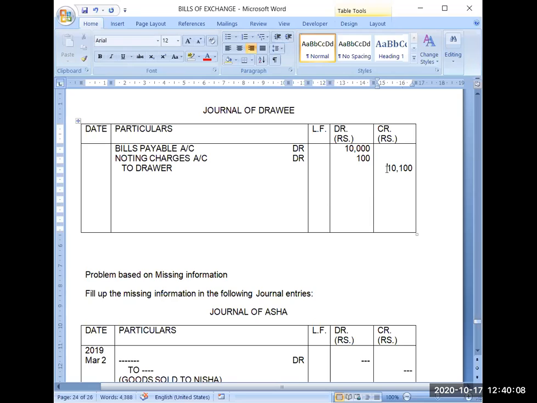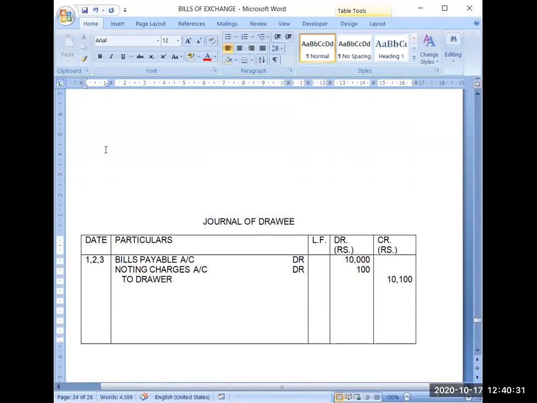And this time, if you observe, we have done almost a combined question for noting charges, considering the entries for dishonor only. So for all three cases 1, 2 and 3, the entry in the books of the drawee will remain same. It will not change. So I hope this question is also clear. Dishonor has been discussed in detail.